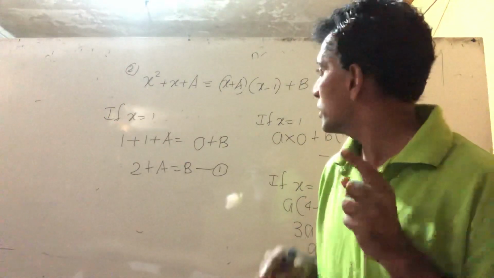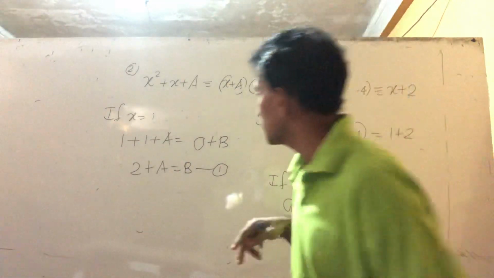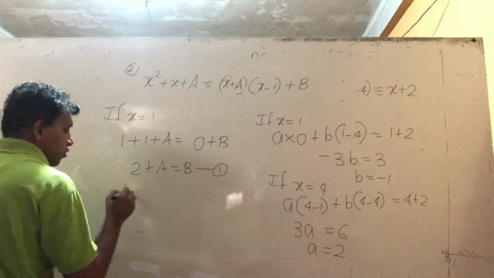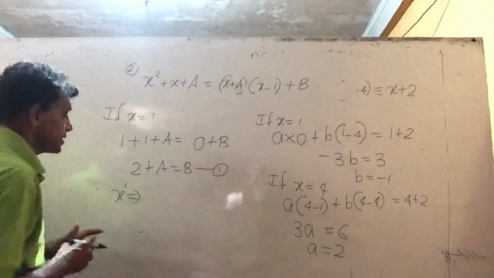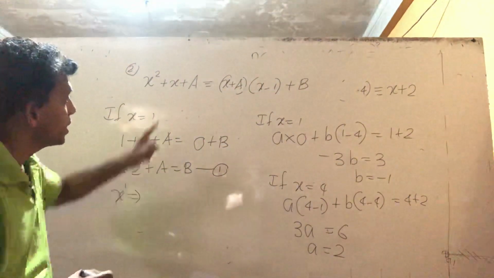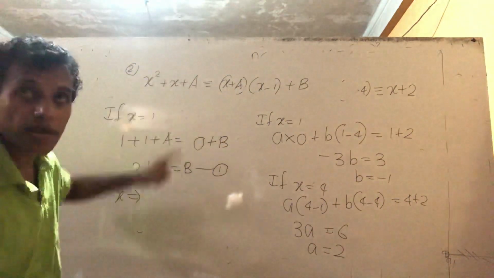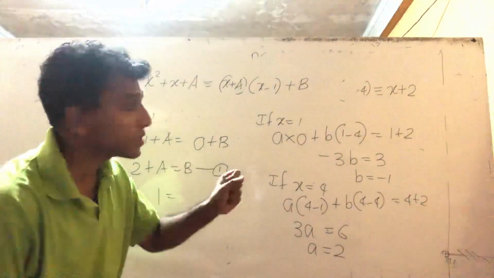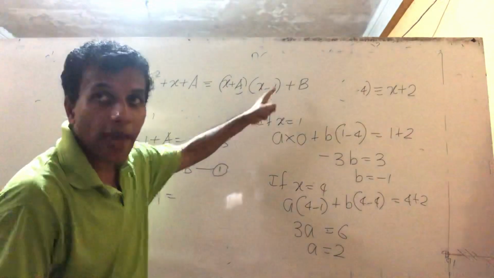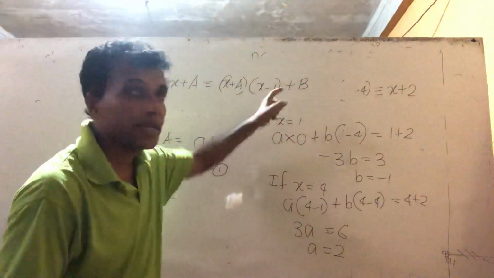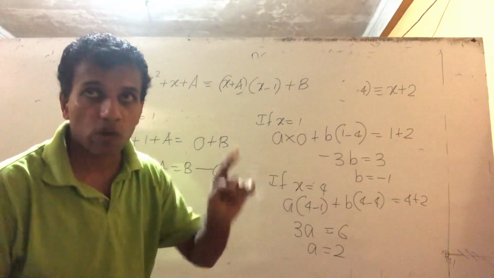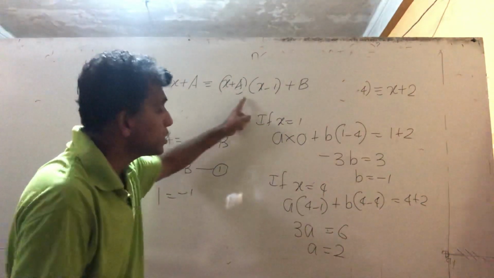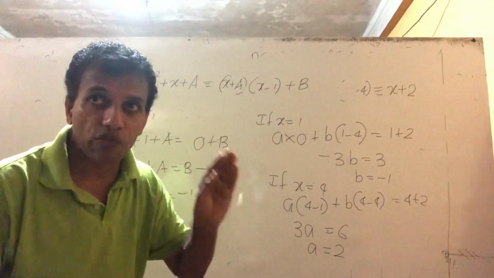Can I take the x coefficient? Equate the x to the power 1 coefficient. On the left hand side it is 1. Now see how many x terms are on the right. When you multiply the bracket, x into minus 1 gives coefficient minus 1, and a into x gives ax, so the coefficient is a.